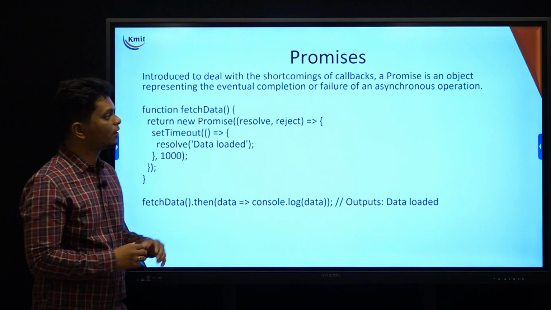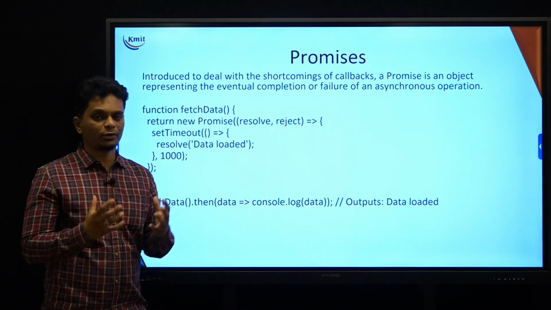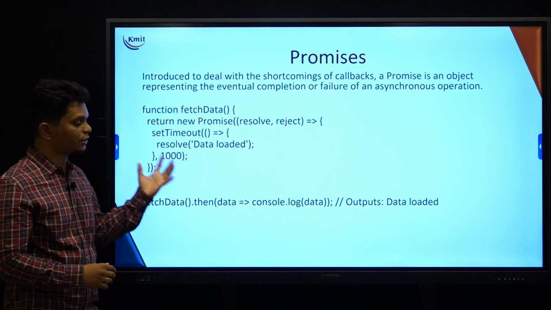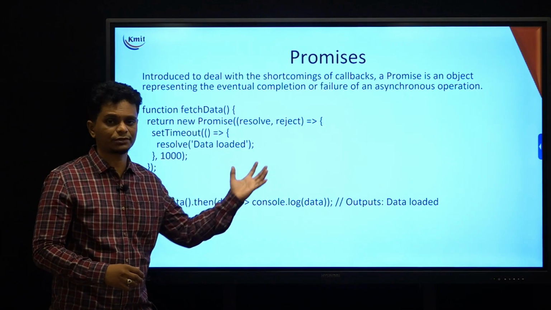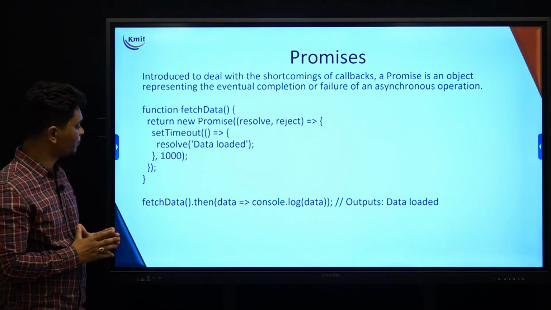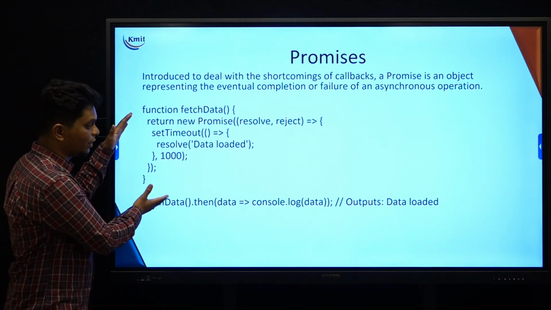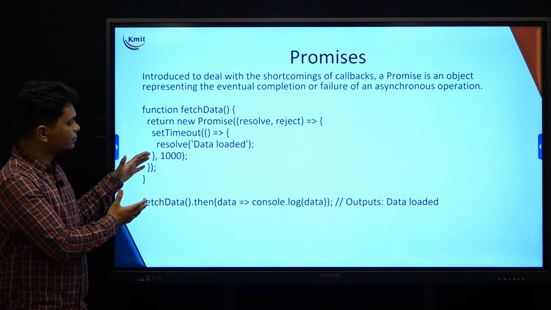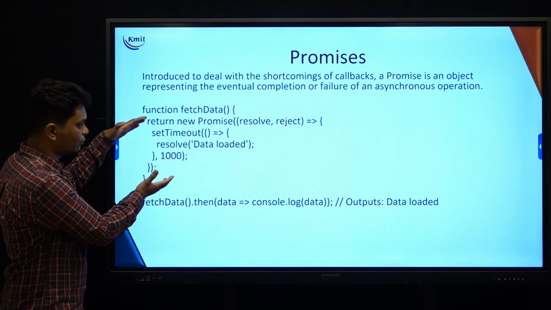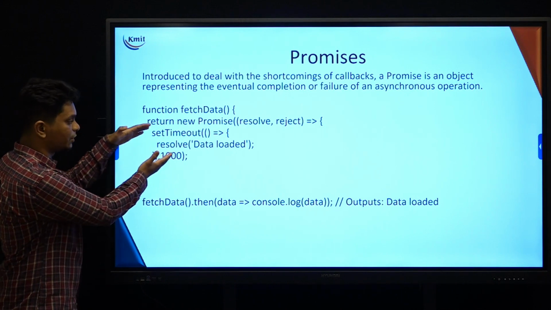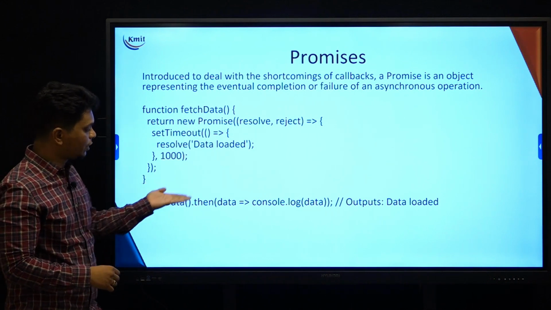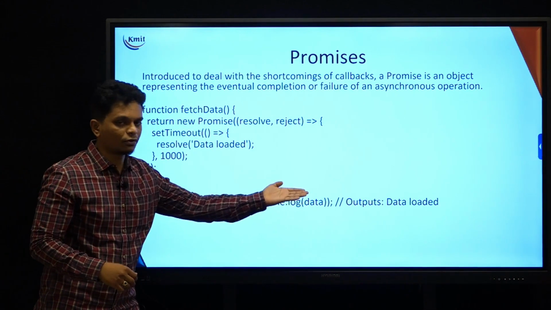So promises come with two properties, either resolve or reject, and based on that, the success or the failure of something is decided. This is the example from the earlier video, where we are trying to fetch data and load it using a setTimeout, and later eventually it is decided if it is resolved or rejected.